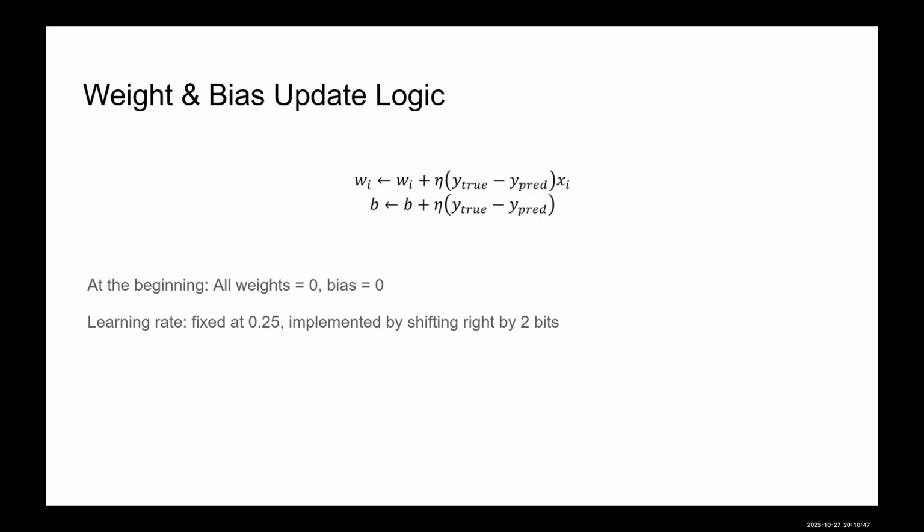And our bias gets updated with our old bias plus learning rate multiplied by Y true minus Y predicted. And in this case, in both scenarios, our learning rate is fixed at 0.25, implemented by a single 2-bit right shift.